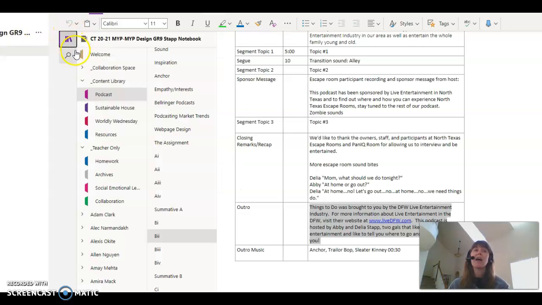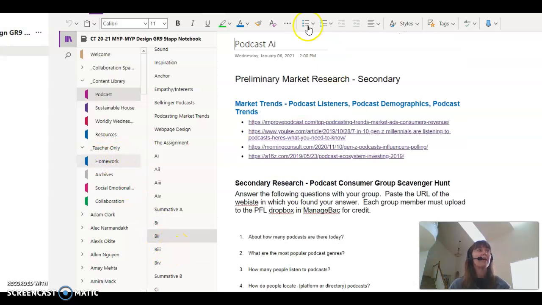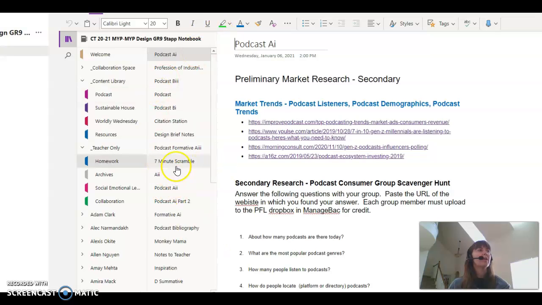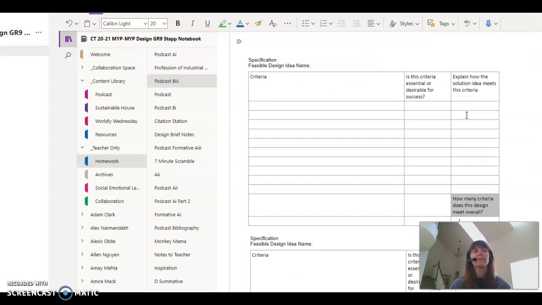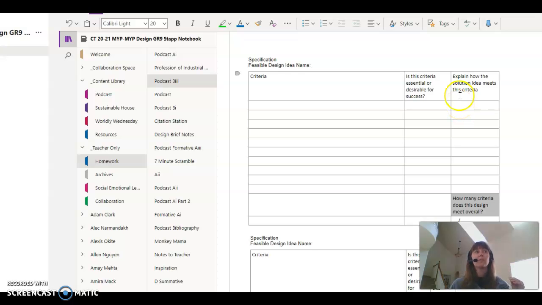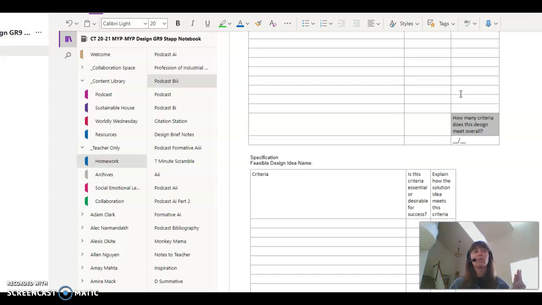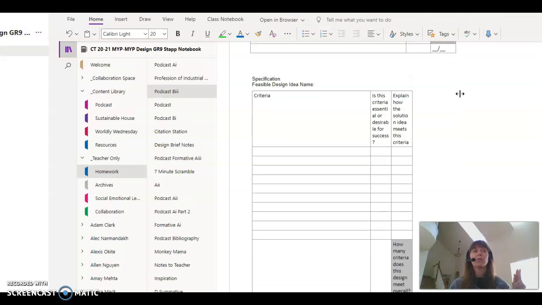Remember, today we are not doing the annotation. We are only doing step 1. Let me take you back so we can look at it one more time. We are doing step 1 in your podcast B3, evaluating your ideas against your criteria. So what you will upload to me are 3 tables. 1, 2, 3.